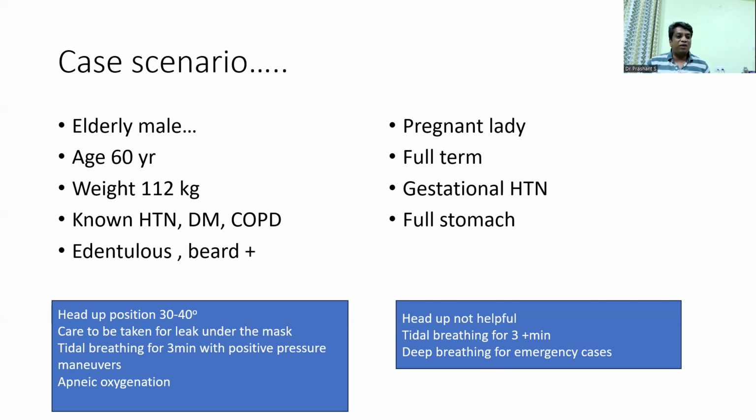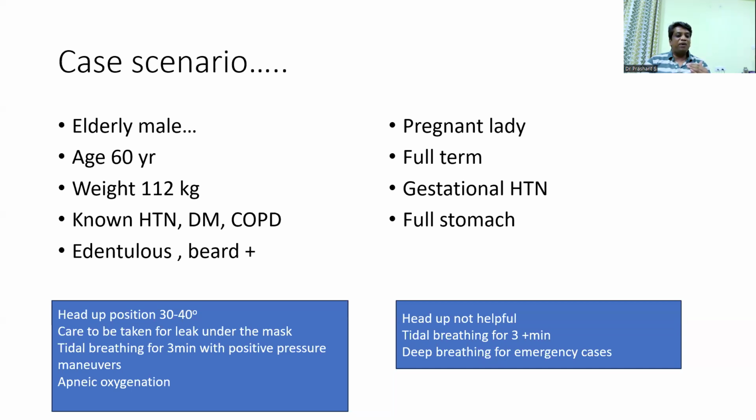The first one, probably by this time you have already understood, is an obese patient, a COPD patient. There are no teeth and a beard is present, so there is every possibility of a leak under the mask. Because of the obesity, atelectasis is there, and they are going to benefit from the head-up position.